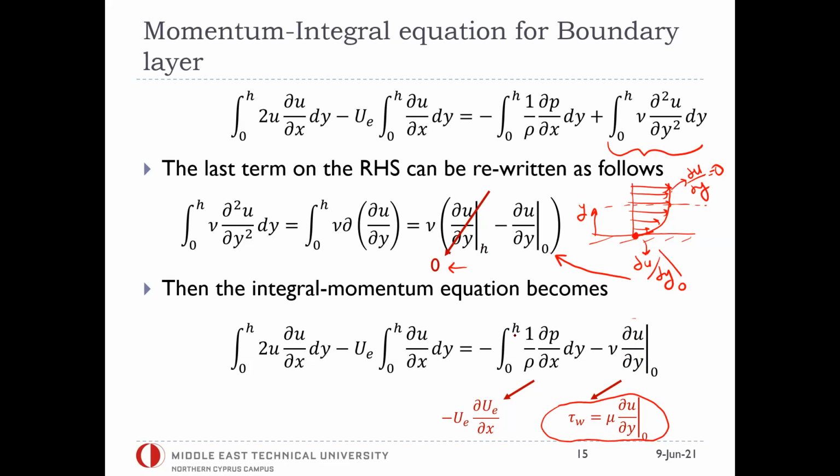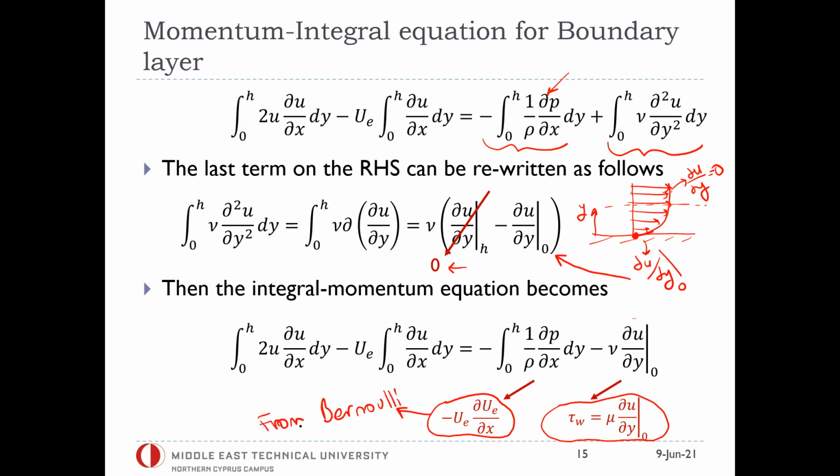The other thing is this term, which is related to the pressure gradient along the flat plate in the streamwise direction, dp/dx. If you remember from the Bernoulli equation, which we showed previously last week, this can be replaced with this term here: minus U_H times dU_H over dx.